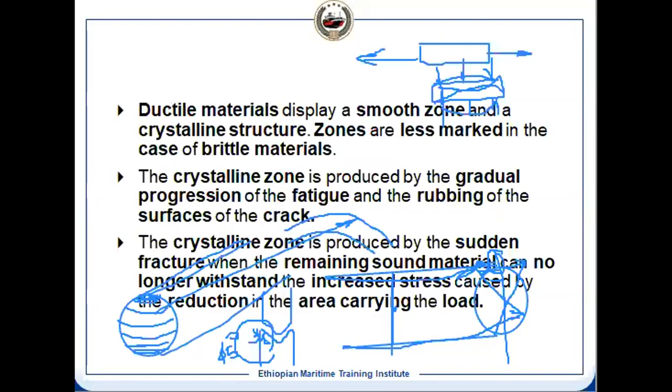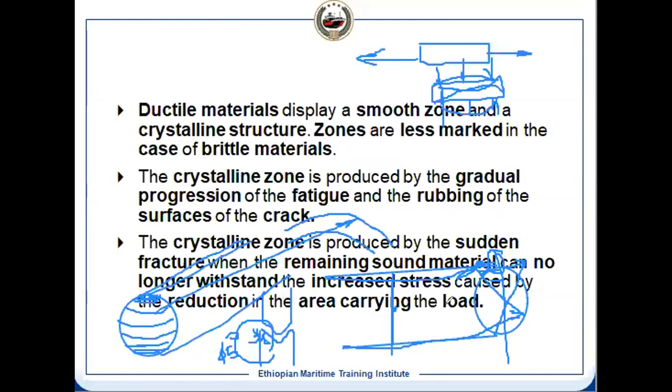Let us see this smooth zone, because there is the crystal. What happens when it has this kind of stress, compression and tensile, it is cyclic stress? At the grain boundary, there will be a rubbing action, and then the crack will generate.